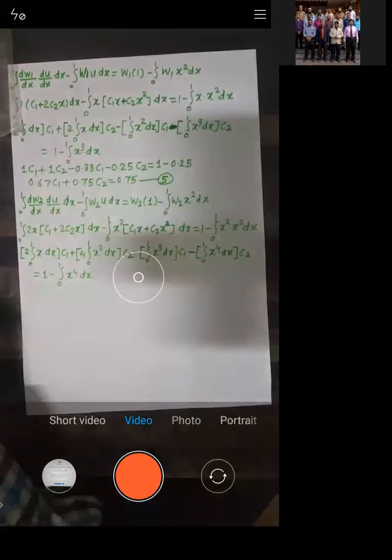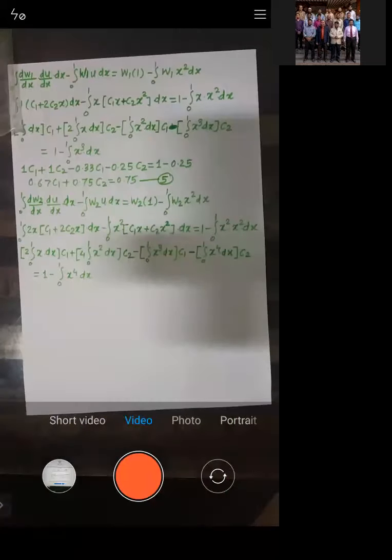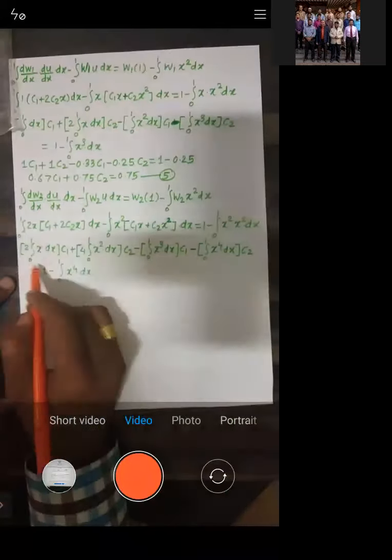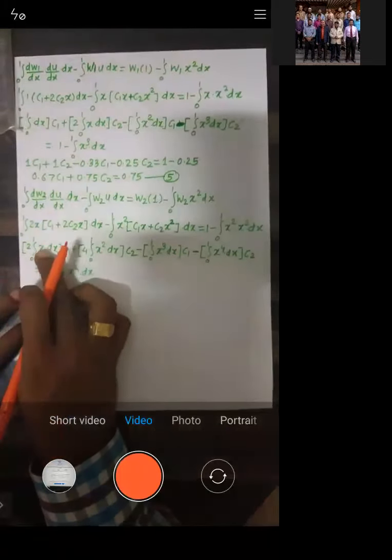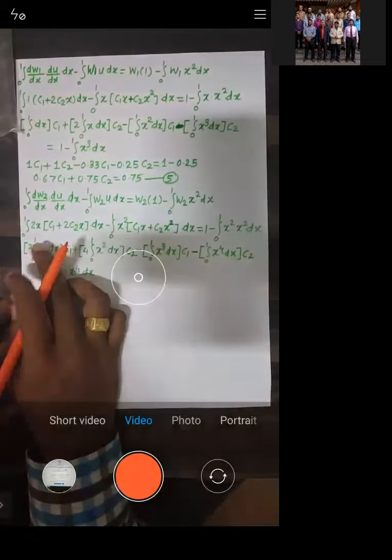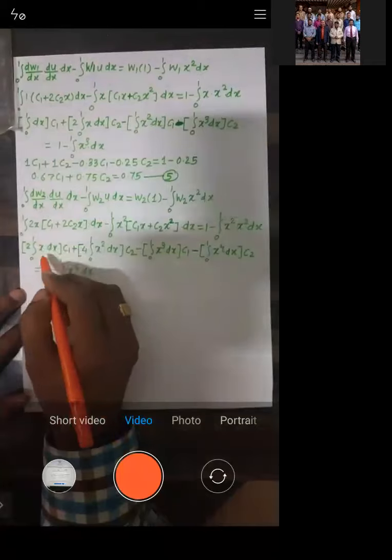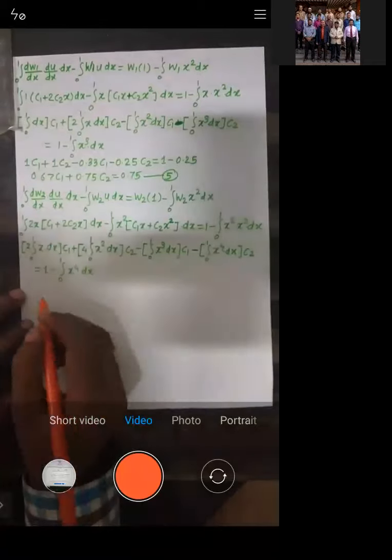Okay, now let us solve that equation. All of you can solve this in a calculator. 2 integration 0 to 1, the integration of x is x square by 2, and 1 by 2 into 2, you get 1.